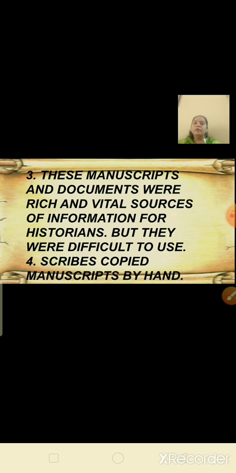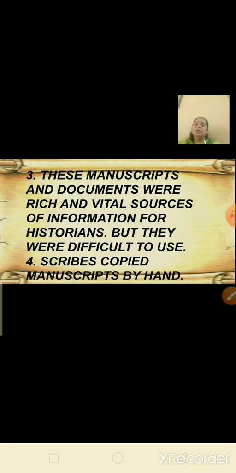Very often, scribes introduced small changes, and over the years, the manuscripts of the same text became substantially different from one another. These manuscripts and documents were rich and vital sources of information for the historians, but they were difficult to use.